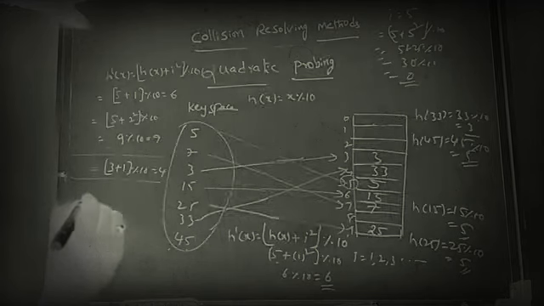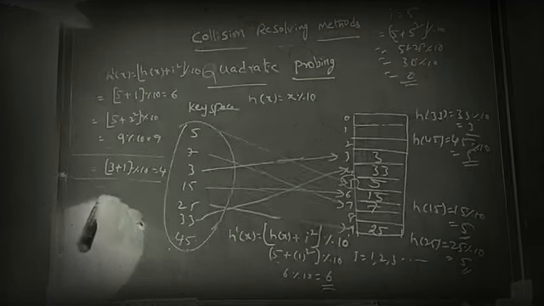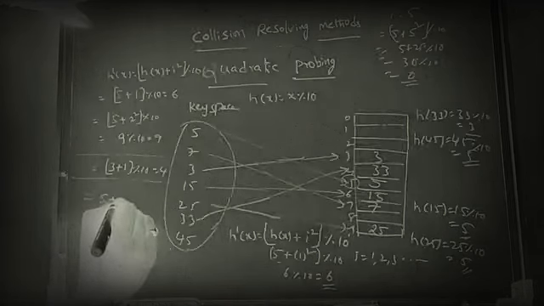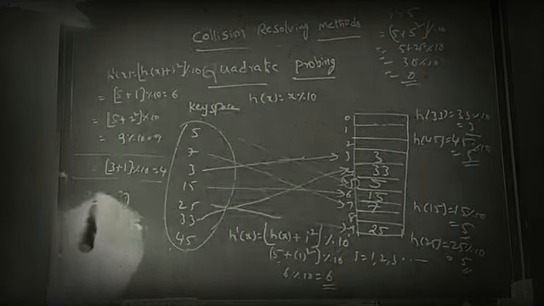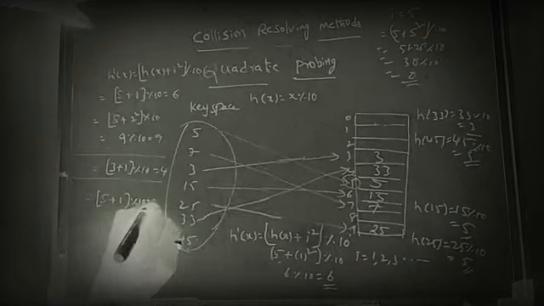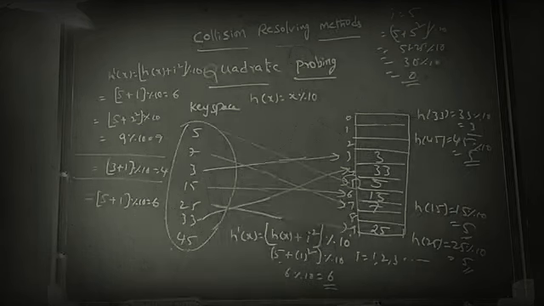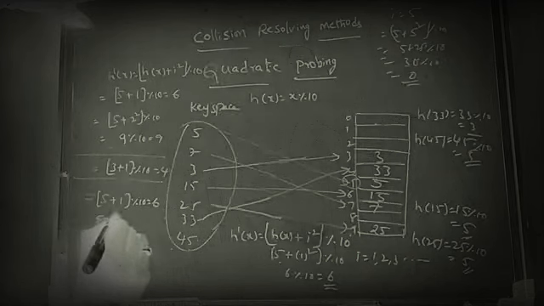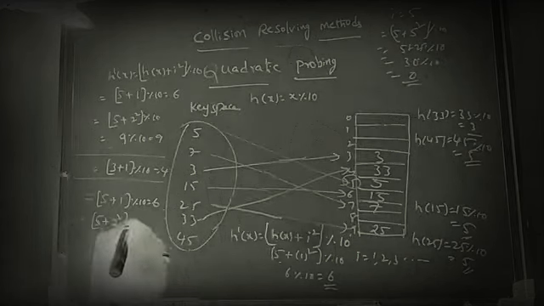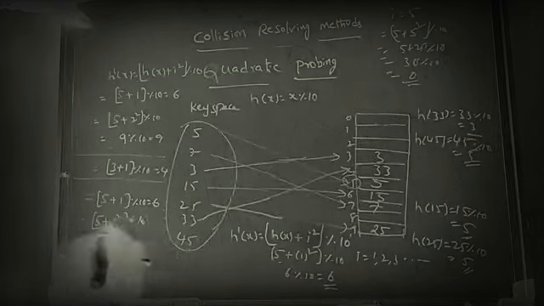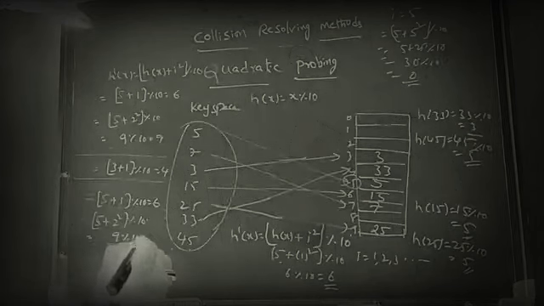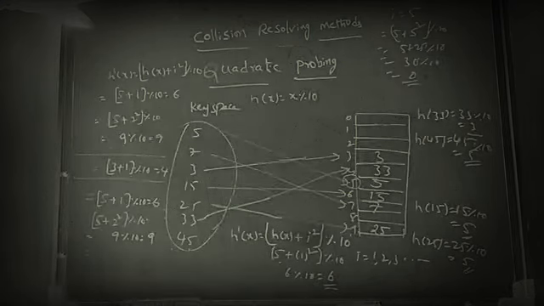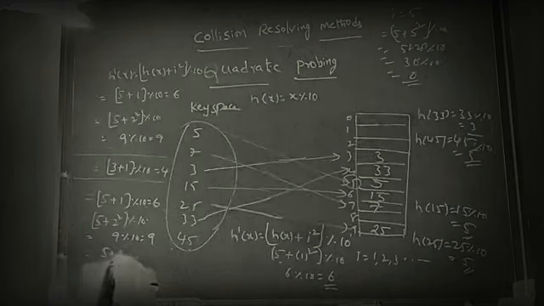The h value is 5 plus i square, with i starting from 1, mod 10, that is 6. 6 already has a value, so a collision arises. Go for the next value: i value is 2, so i square is 4, 5 plus 4 is 9, modulo 10, the remainder is 9. 9 already has 25 stored. Here a collision arises. Next, i value is incremented to 3.